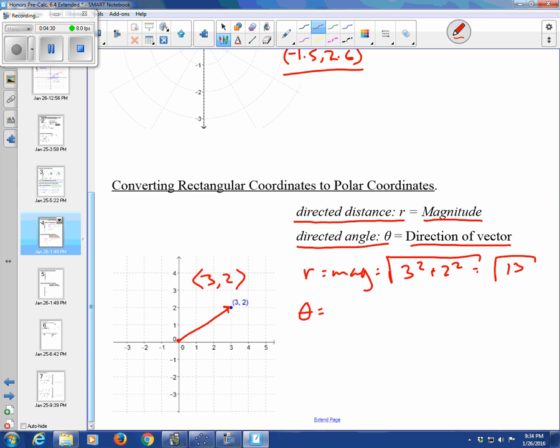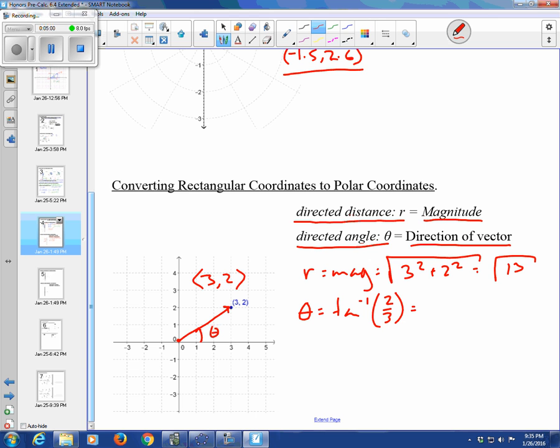And if we want to define theta, or the directed angle for the vector, we can take inverse tan of the vertical component over the horizontal component, and that is going to give us the angle theta that the vector is going in, and so also the directed angle of our polar coordinate.